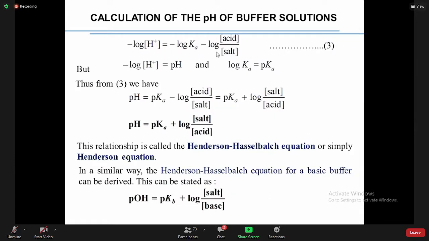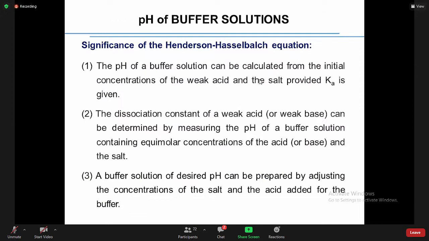And the last topic is the significance of the Henderson-Hasselbalch equation. From the Henderson equation, what can we understand? We can calculate the pH value of any weak acid or weak base in a buffer solution, from the Ka or Kb value, right? And as you already told, we can also measure the pH. And we can use the desired pH for any purpose by using this equation.